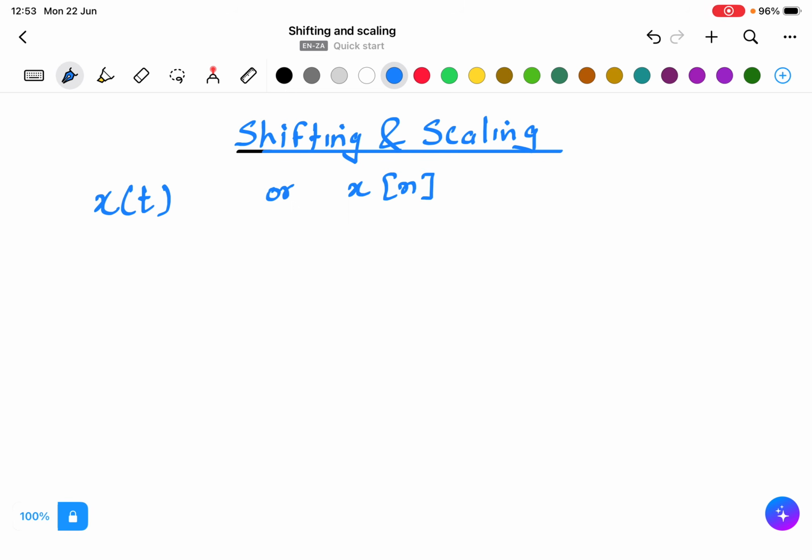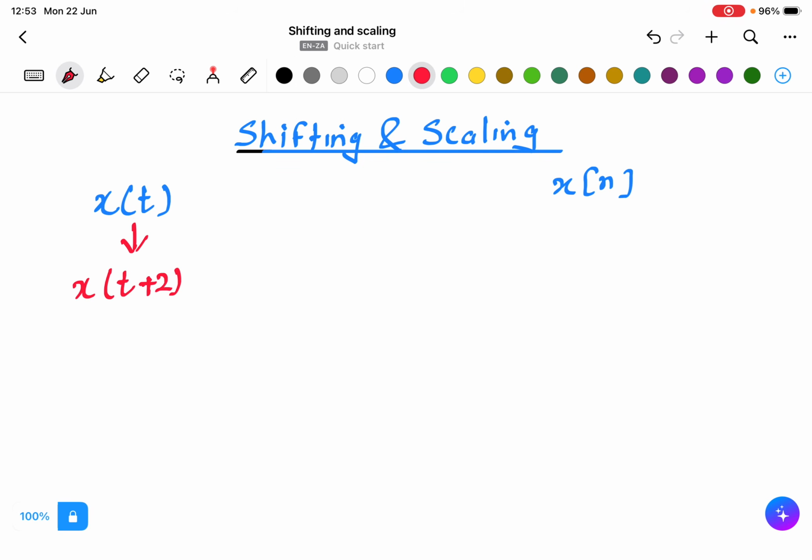In that case, I say that I'm shifting this signal by a value equal to 2. When I'm not mentioning the value, I'm saying x(t+2).